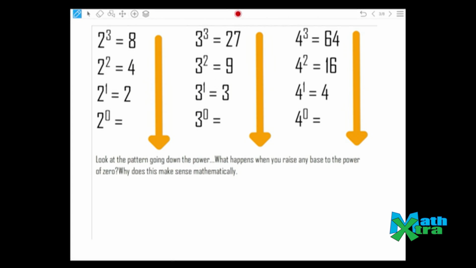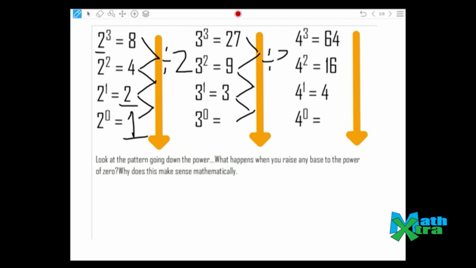So we got to go back to last week to bring us up to this week. We learned last week that as we move down a power, we are dividing by the base. Here the base is 2, so we're dividing each number by 2. And so when we get here, 2 divided by 2 is 1. The same rule applied over here: as we move down a power, we are dividing by the base.